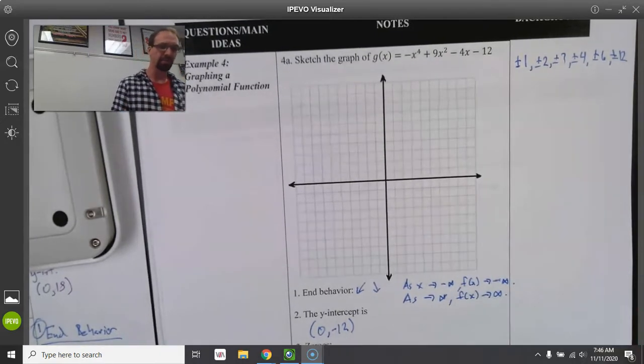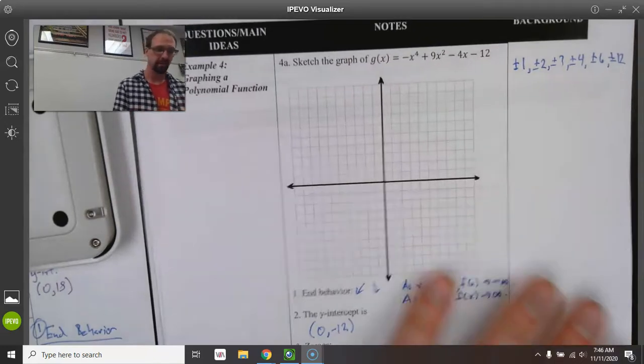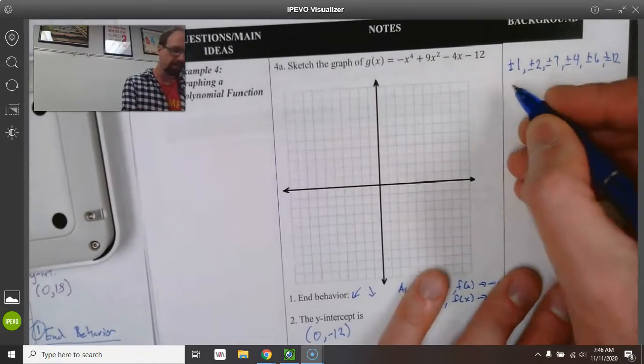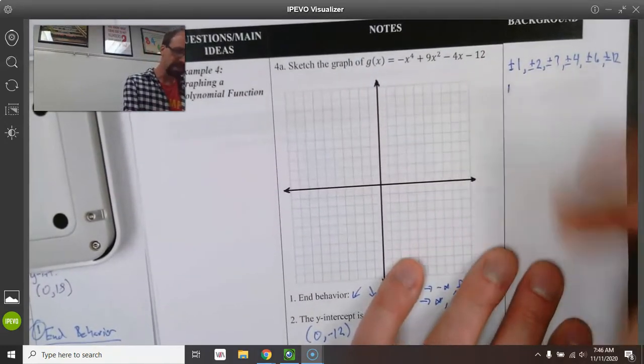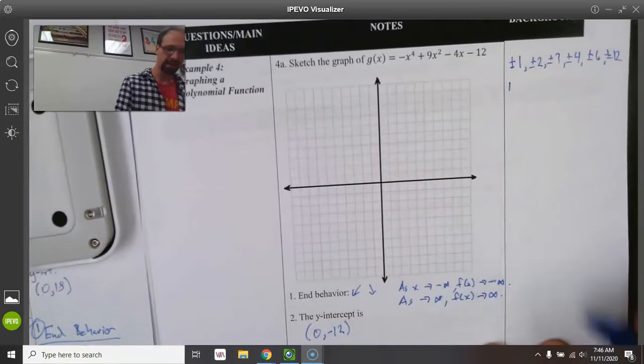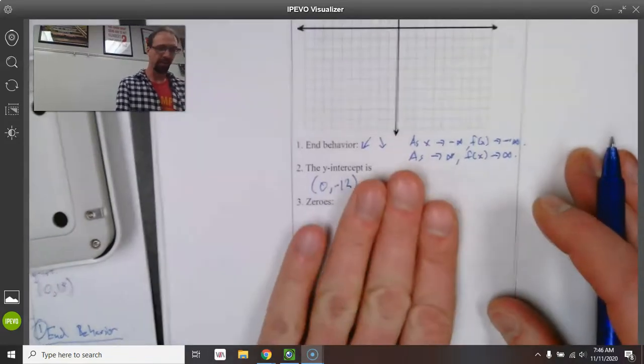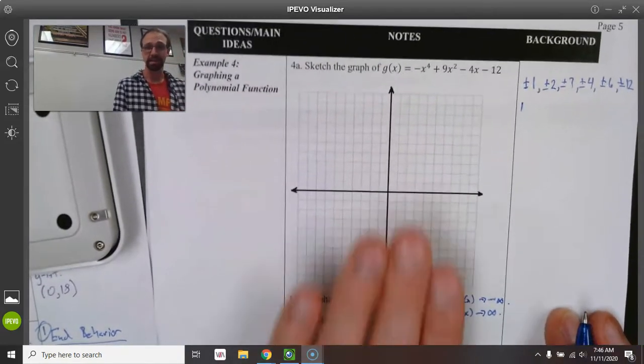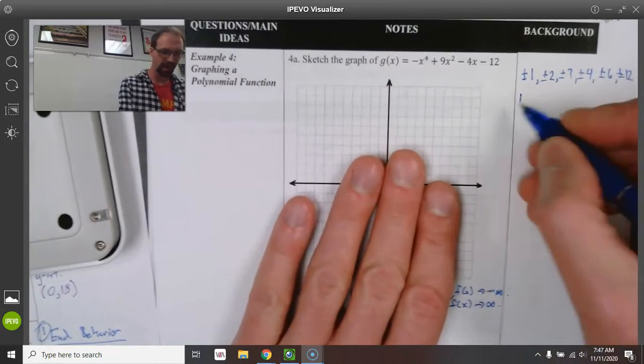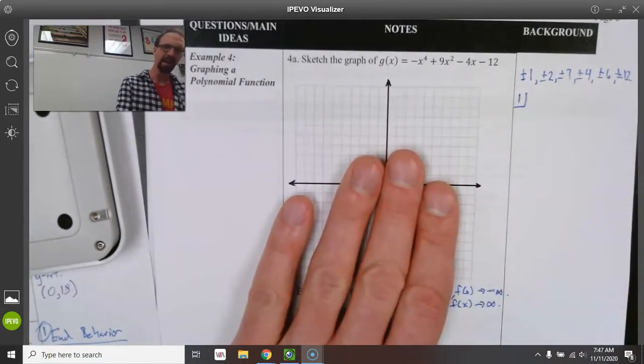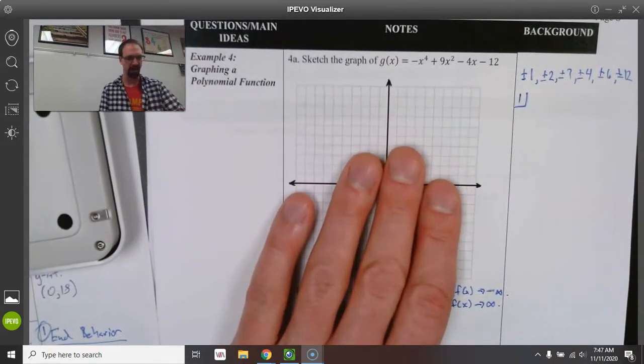At this point, I would try either 1 or negative 1 using synthetic division to see if it factors and I get a remainder of 0. I'm going to do positive 1 first. Notice I'm doing it off to the side here, so I can keep this space clean for the finished product of what I find.